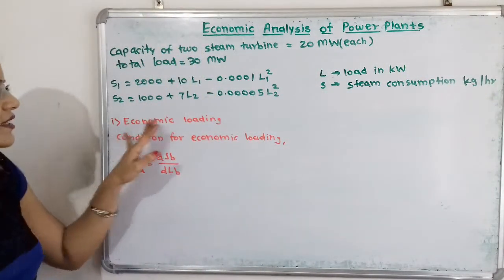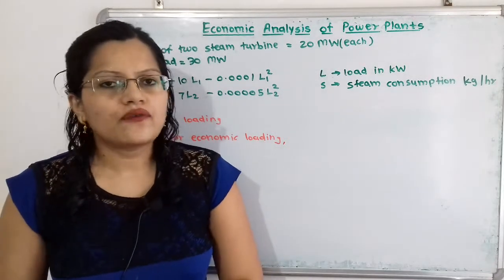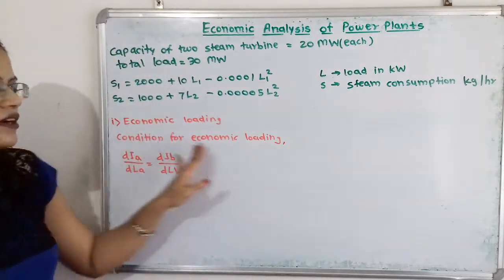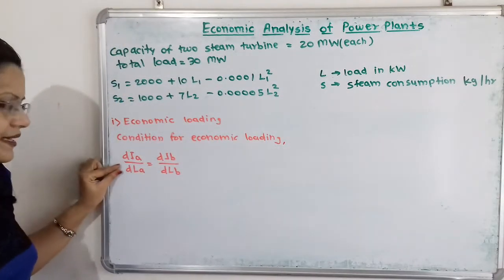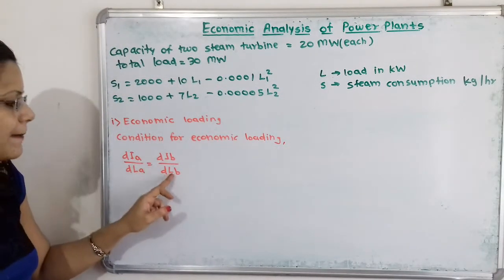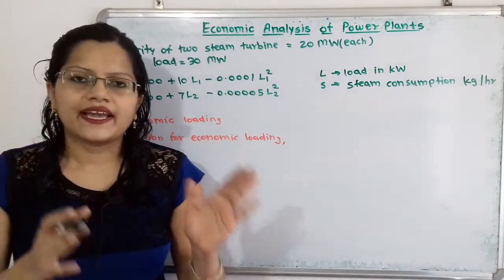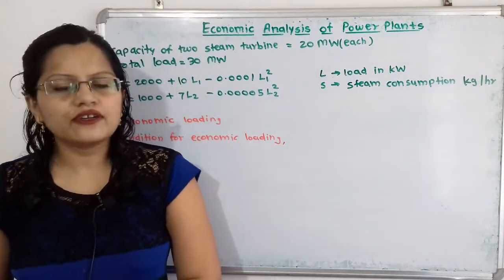Now we have to find out the economic loading. So for this economic loading, what is the condition required? That is dI_A by dL_A, which is equal to dI_B by dL_B, where A and B are the two generating units.